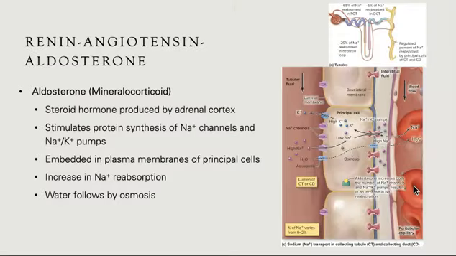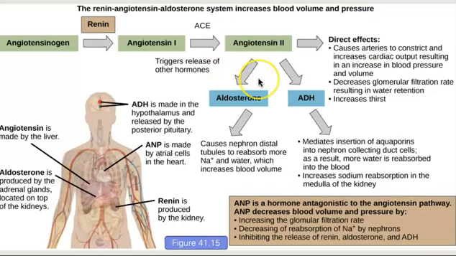The cortex can release aldosterone. And aldosterone will stimulate our renal tubules to reabsorb more sodium, and wherever sodium goes, water wants to go. So water will also be reabsorbed, and in that way we can increase blood volume, which in turn will increase blood pressure.